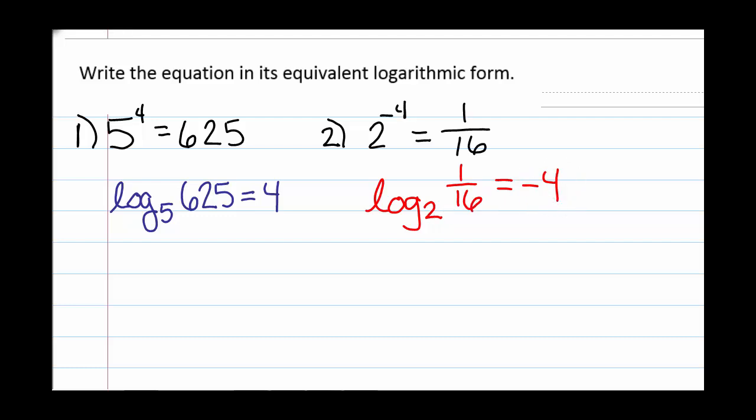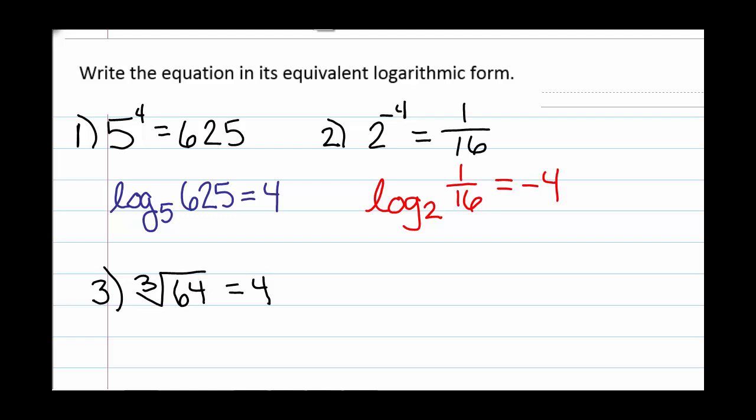One more example that we would look at would be the cubed root of 64 equals 4. Now with this one, I don't see an exponent, so I have to remember that when I have the index of 3, that's in the denominator of my exponent. And then my exponent underneath here, what's the exponent on 64 that I don't see? 1.